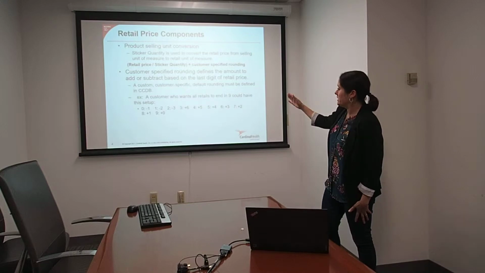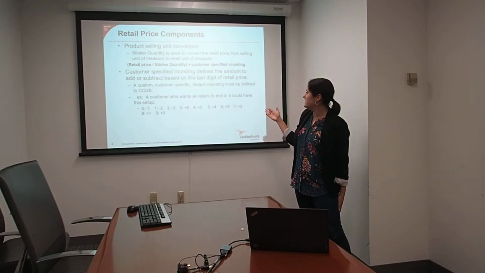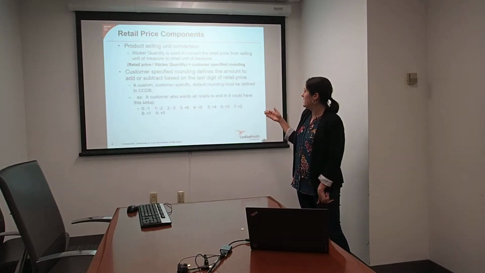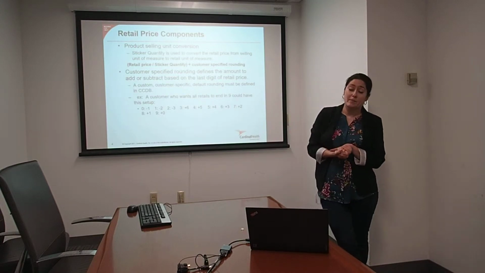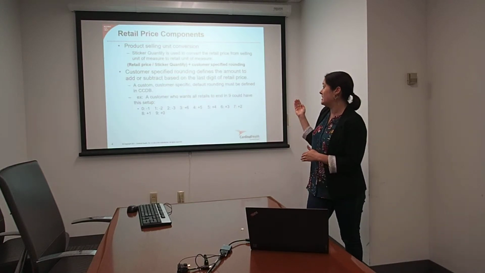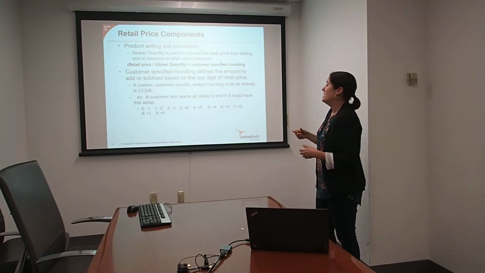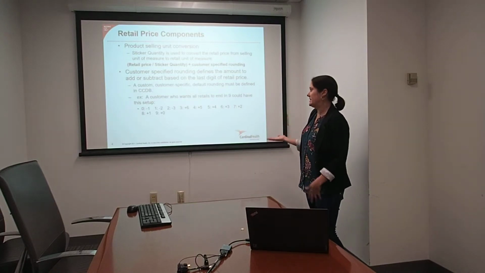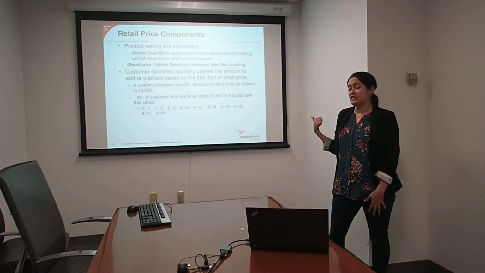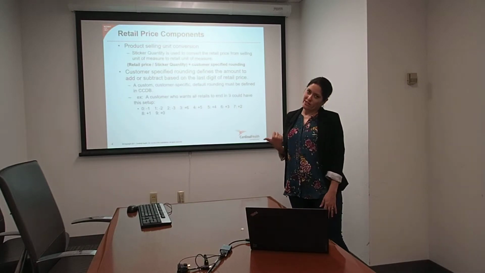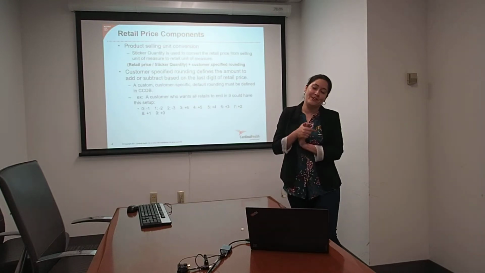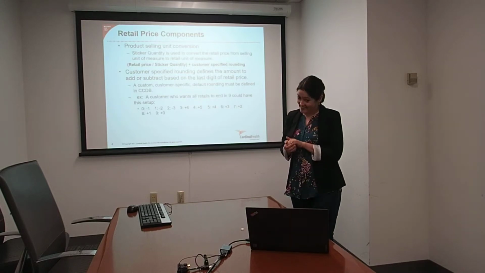It actually rounds anything that is, I'm sorry, in this case 3 and above, up to 9. Anything that ends in 2 or lower, it's going to round down to 9. So everything ends in 9. And this is just for the last digit. Some people say, can I make everything end in 99? No, we don't have the capabilities, but we can end it in 9.